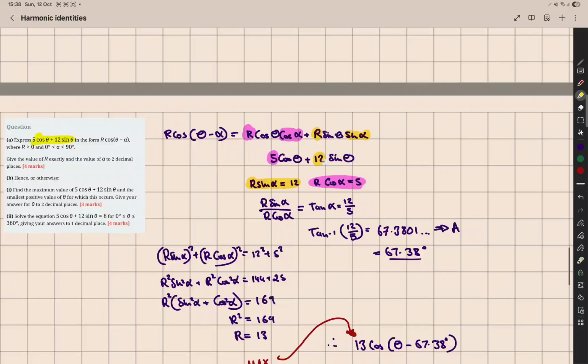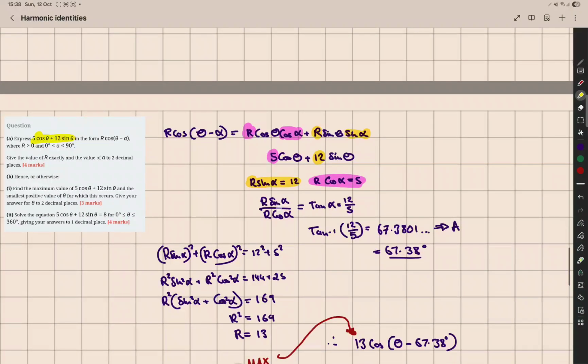So r sine alpha must be equal to 12. I've written those two things down here, that r sine alpha is 12 and r cos alpha is equal to 5. We know that tan is sine over cos, so we can write these on top of each other, recognizing that the two r's are just going to cancel out. I'm just left with sine alpha over cos alpha, which is just 12/5.